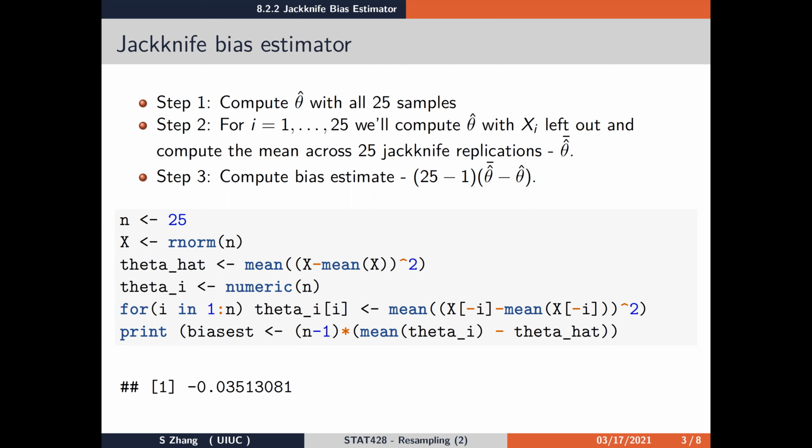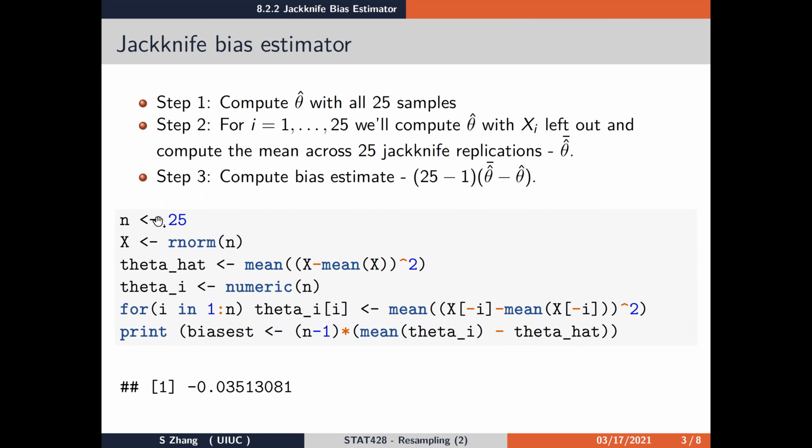So that is the theta hat i's in our slides. And then after we get the leave one out estimators, we have a total of 25 of them because our n is equal to 25. We can compute the mean of these leave one out estimators, which is given by theta hat bar. In the last step, we can compute the bias estimate using Jackknife, and that's given by n minus 1 times theta hat bar minus theta hat.